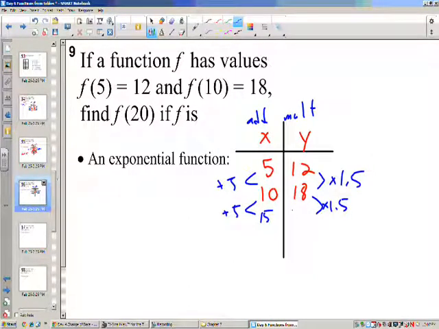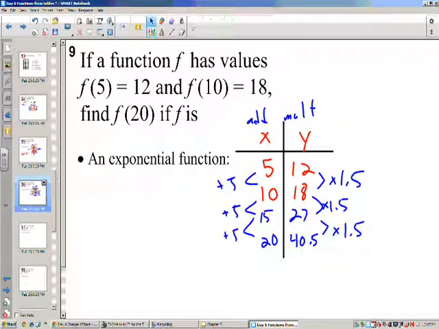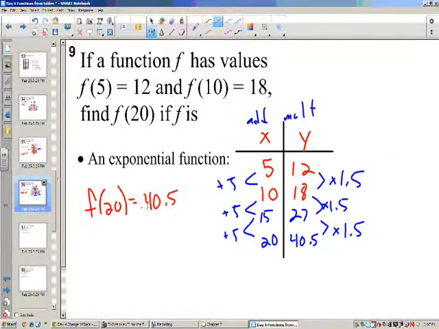And remember last time that was 27. But now we've got to get to 20, so add another 5 to get to 20. So now I have to multiply 27 times 1.5, which would be 40.5. So now, if it's exponential, f of 20 equals 40.5.